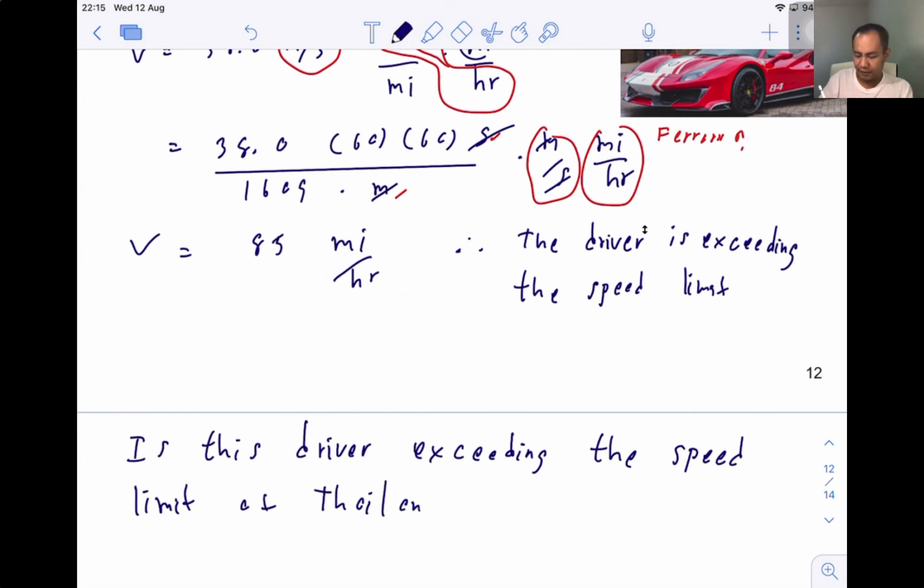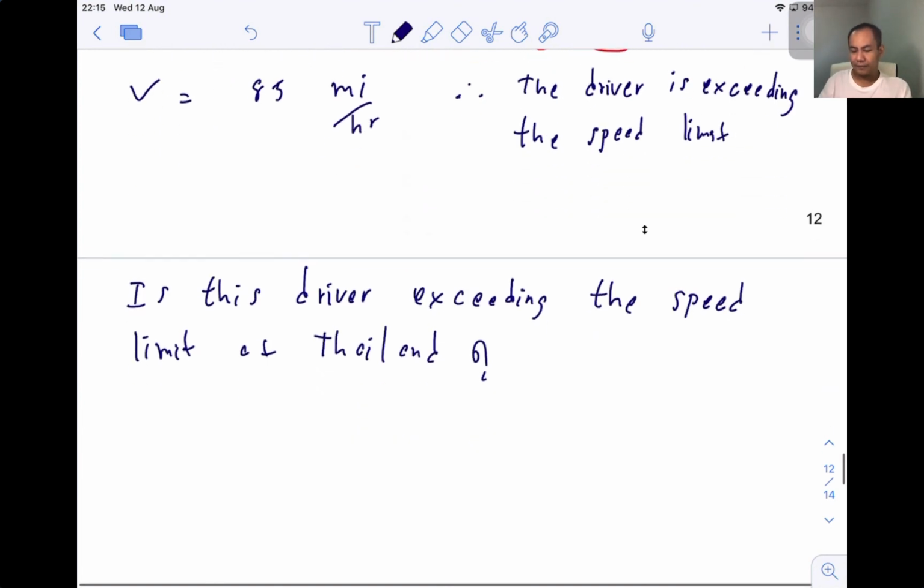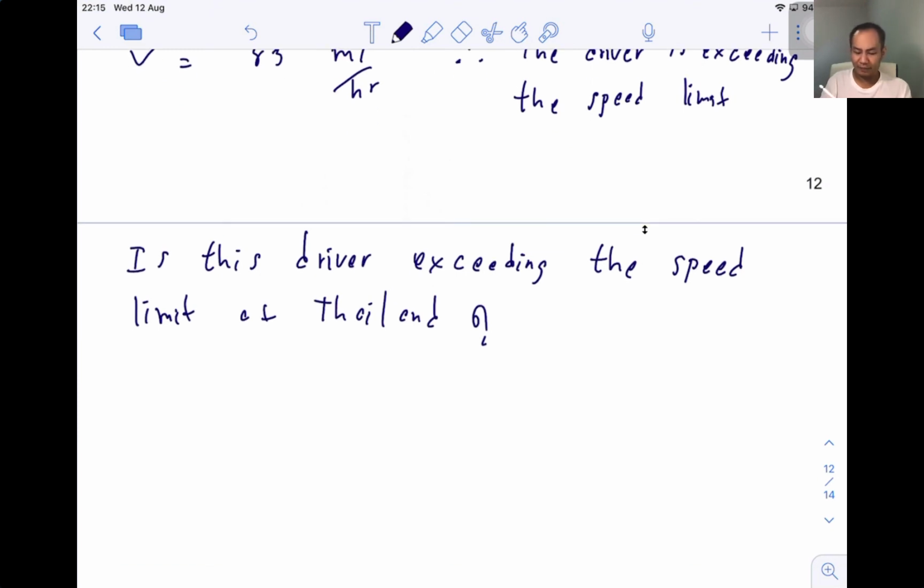Okay, the speed limit of Thailand. I will talk about the speed limit in the countryside, or maybe on the interstate.